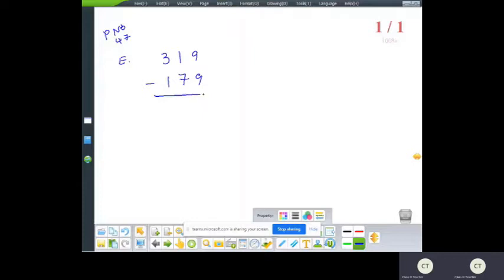It means 179 is subtracted from 319. Here 319 is greater than 179, so subtraction is possible.